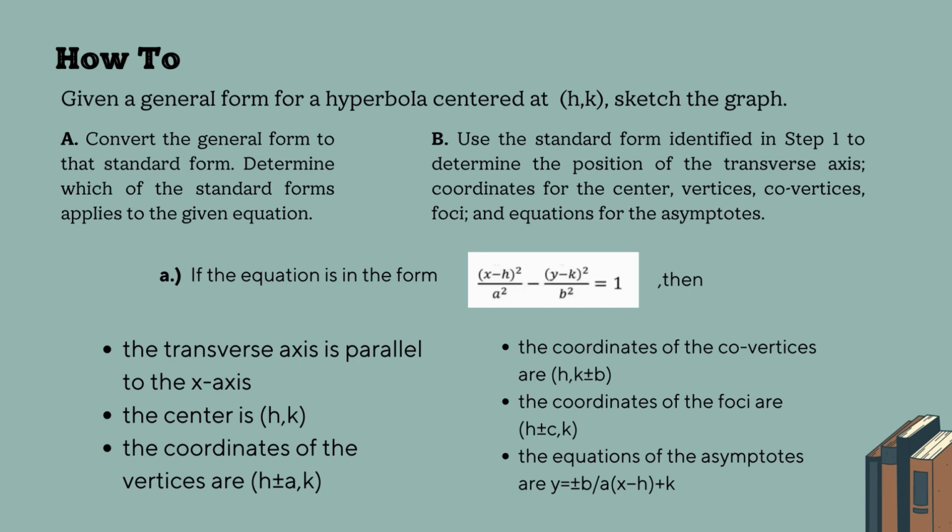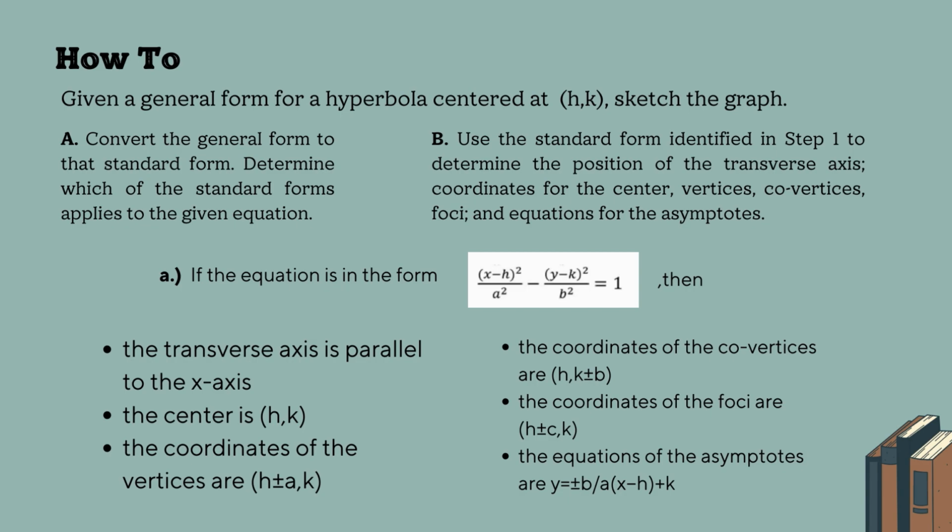If the equation is in the form (x - h)² over a² minus (y - k)² over b² is equal to 1, then our transverse axis is parallel to the x-axis, which means it is horizontal. The center is (h, k).